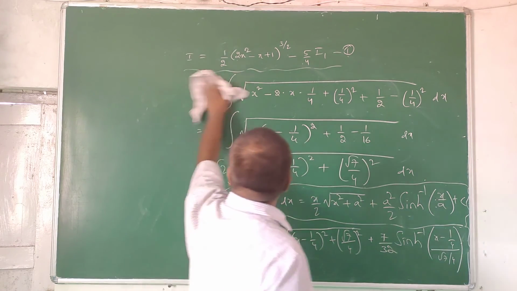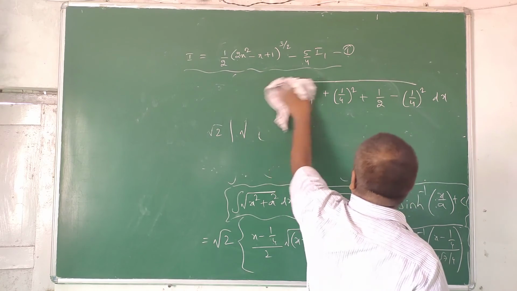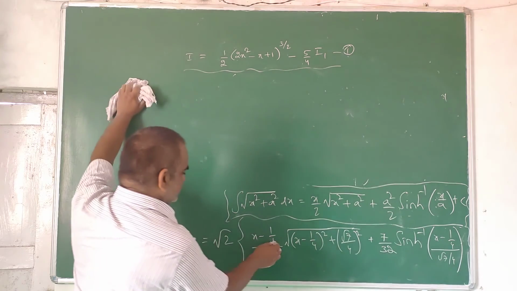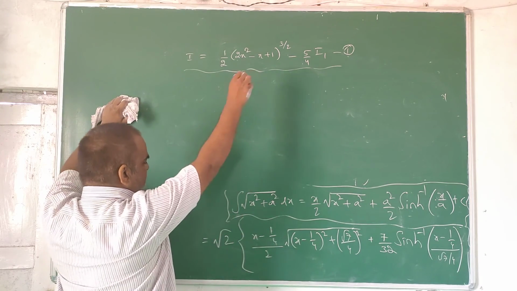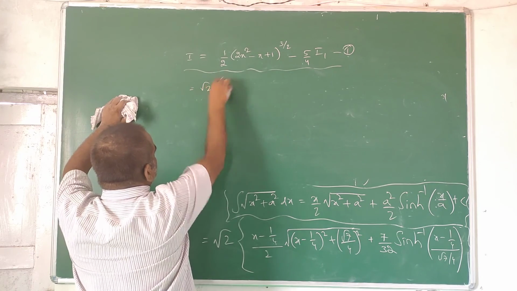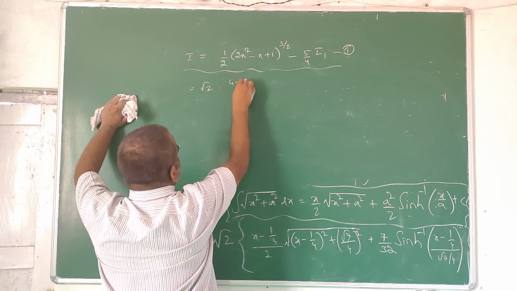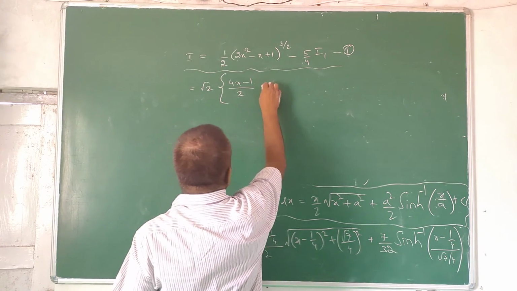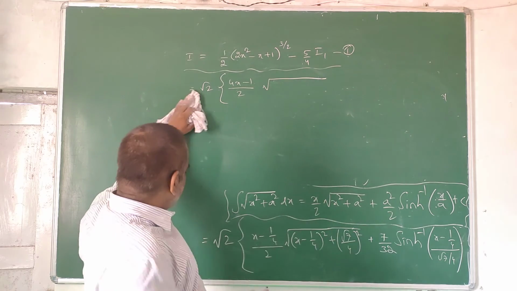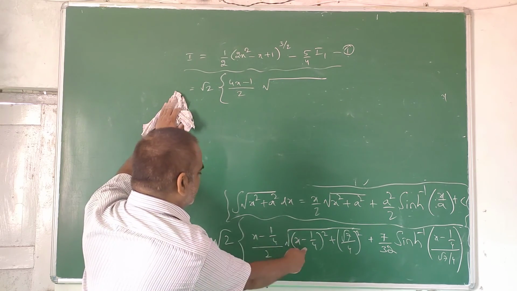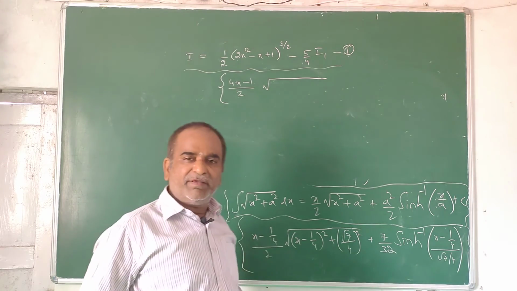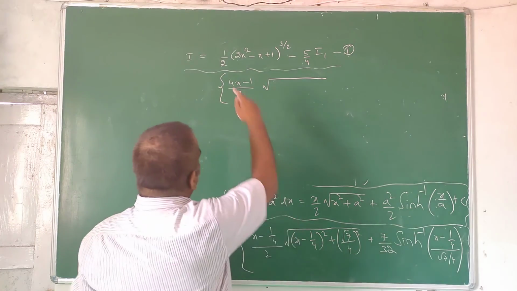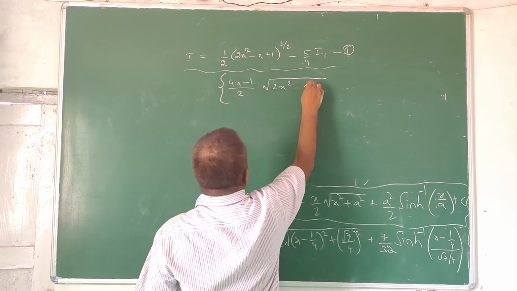Now again, if you continue for further simplification, so this is 4x minus 1 root 2 into 4x minus 1 by 2 bracket into root over. Suppose you open the bracket by multiplying with this root 2, root a into root b is root ab, so it will be 2 into this whole thing, which is nothing but 2x square minus x plus 1.